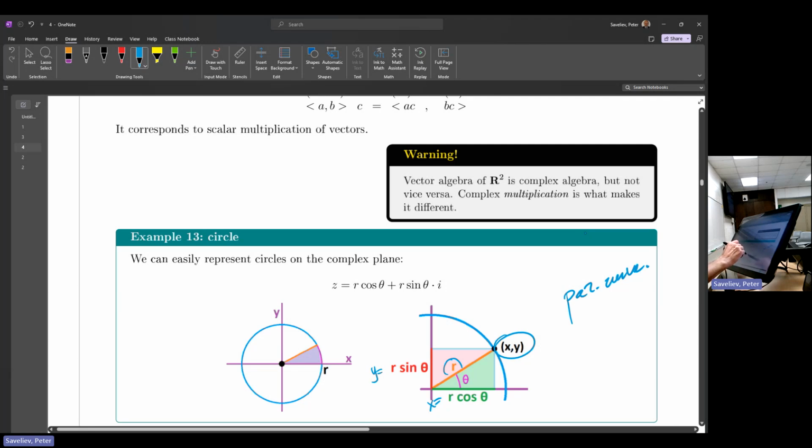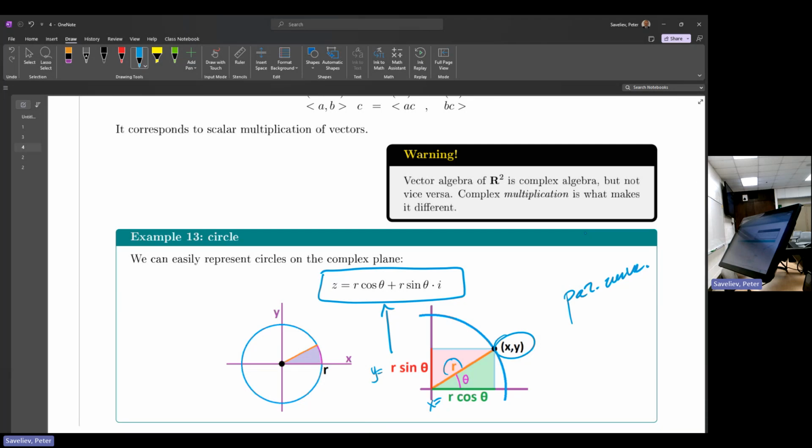So now we have a new representation of a complex number, once again, not in Cartesian coordinates, but rather in terms of polar coordinates. Theta is the angle and r is the distance. So it's r cosine theta plus r sine theta times i.